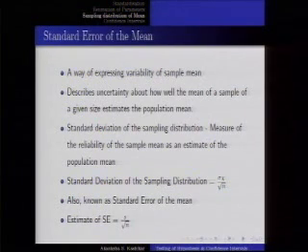And the formula for computing this is sigma x upon root n. Now my sigma x is the original standard deviation of the original data, and because I know that my sample mean x bar is 1 upon n summation xi, I get that the variance of this x bar would be sigma square upon n, by the linear properties of the variances.